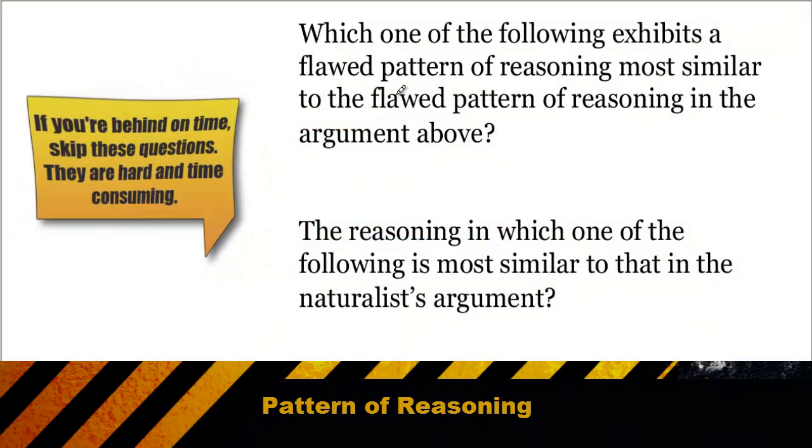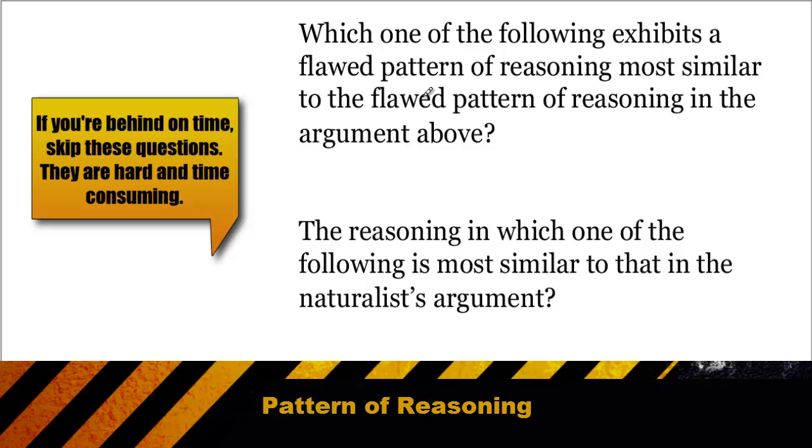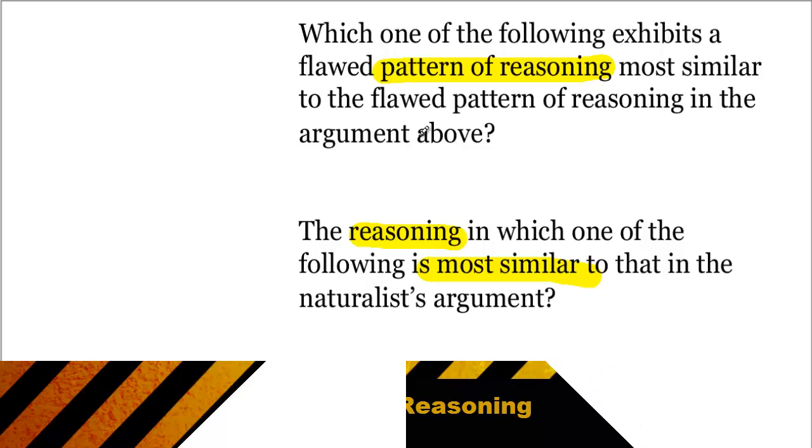If a question asks you to consider the formal logic or the mathematical structure of the argument, then the question will ask about the pattern of reasoning or ask you to choose a reasoning that is most similar. Again, we'll visit this in greater detail in the formal logic video.